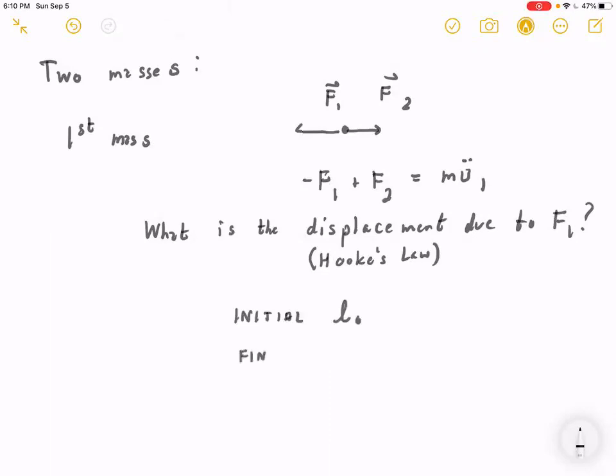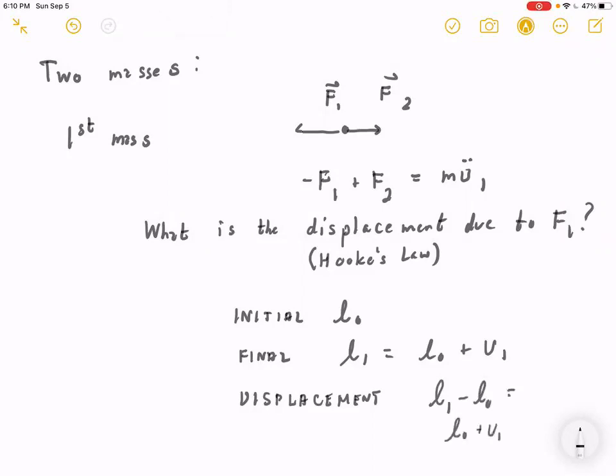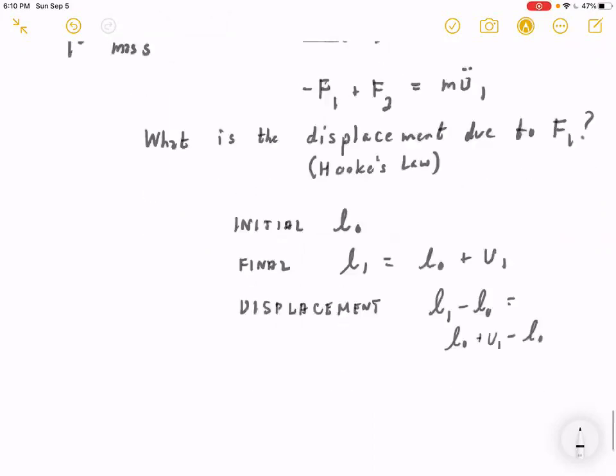The final displacement of the mass, you move the mass so that it was at position L sub 1. So that's L0 plus U sub 1. So the displacement of the first mass from its equilibrium position is going to be L sub 1 minus L0. And that's simply going to be L0 plus U sub 1 minus L0. And that's going to be U sub 1.